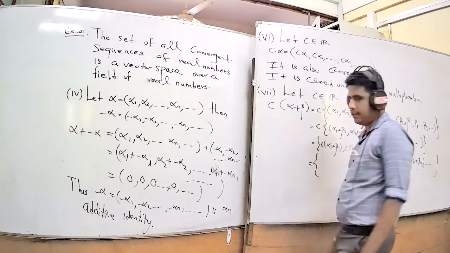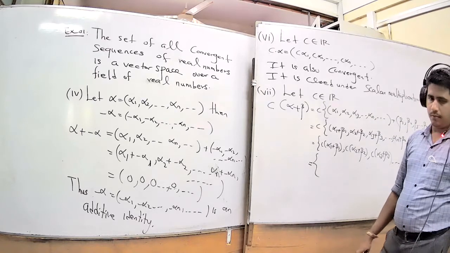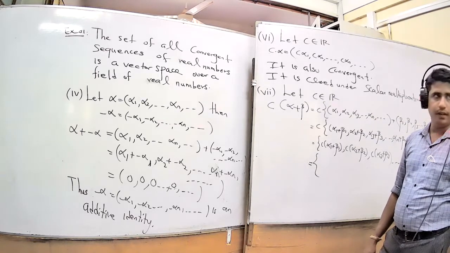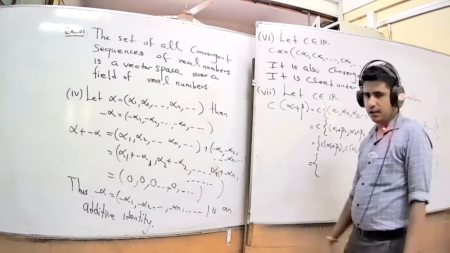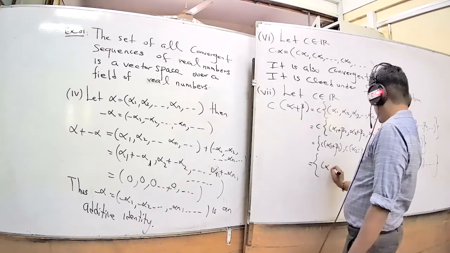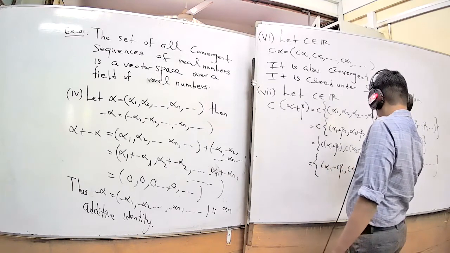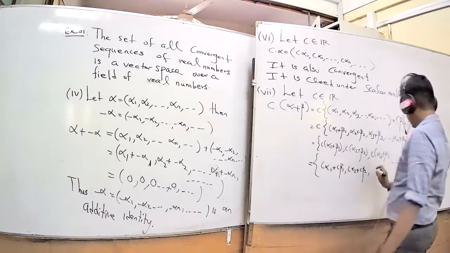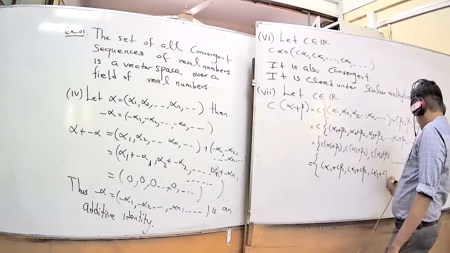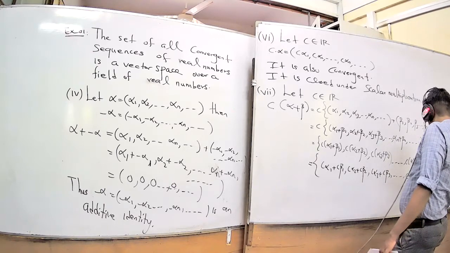Here each of the elements, alpha 1 plus beta 1 and so on, are real numbers, and c is a real number. So you can use the distributive law here. Then you will write c alpha 1, c beta 1, c alpha 2, c beta 2, c alpha 3, c beta 3, and so on, c alpha n, c beta n.